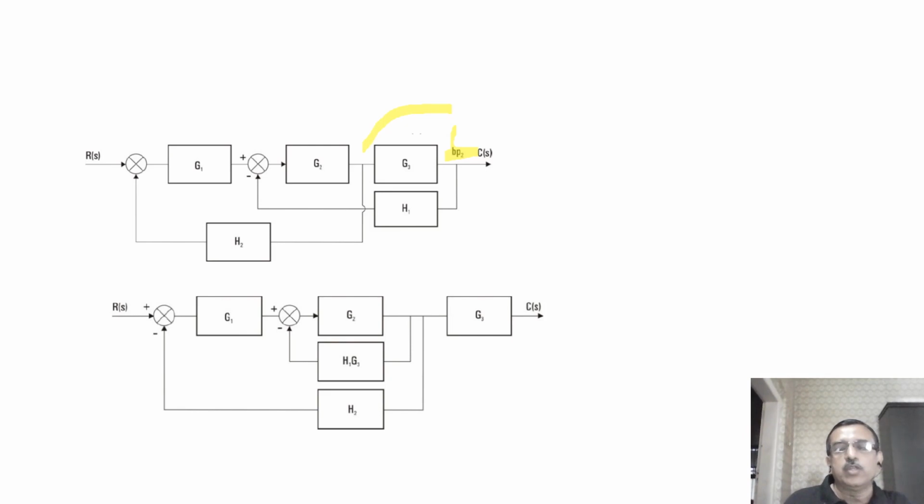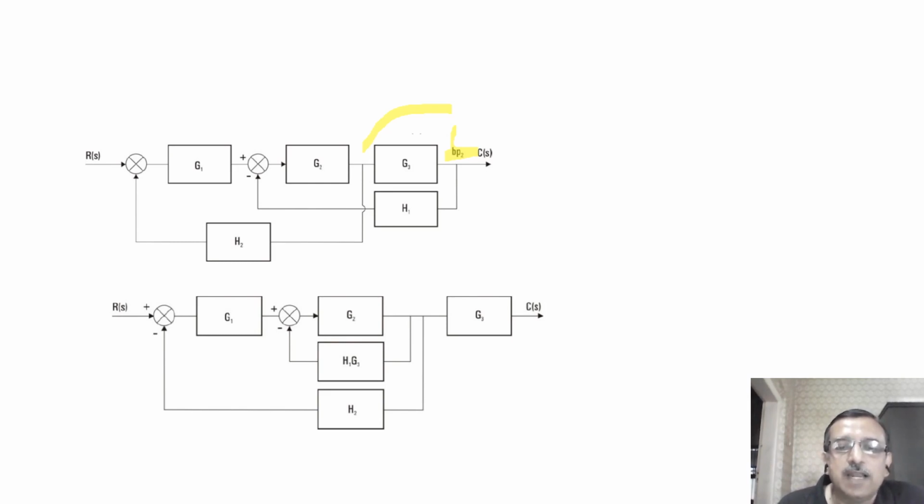When you are shifting the branching point ahead of a block, you multiply the signal by G3. So this loop, if I am taking from here, it was H1, and you know that the signal here is G3 H1, isn't it? So instead of taking it from here, I'll take it from here.